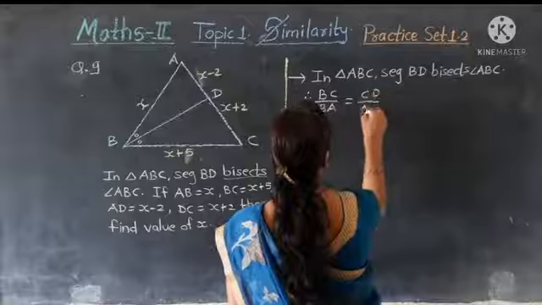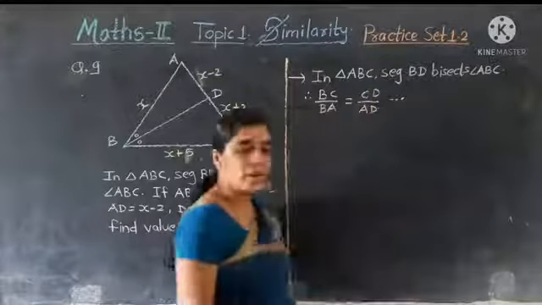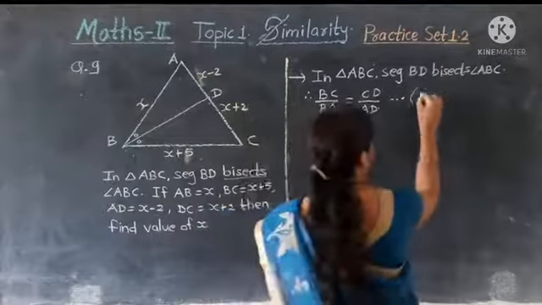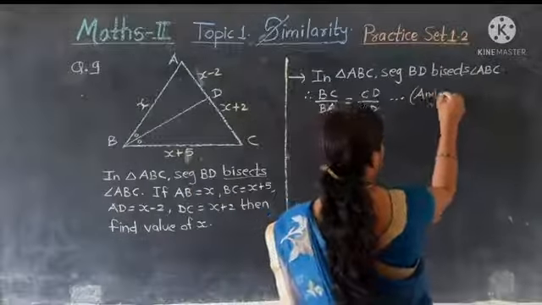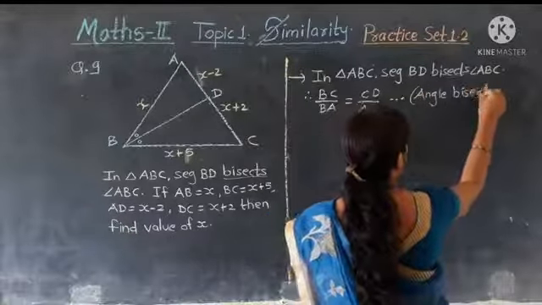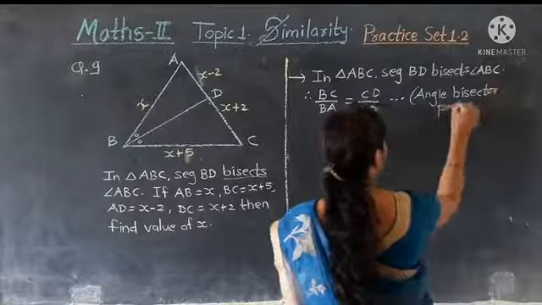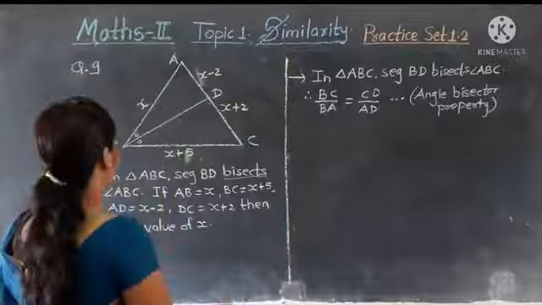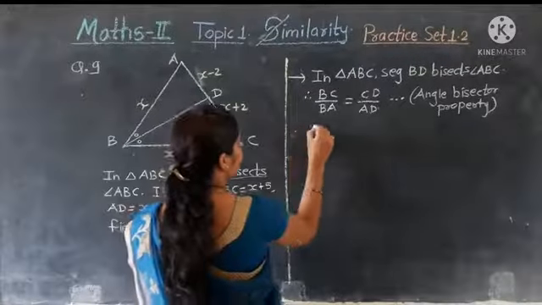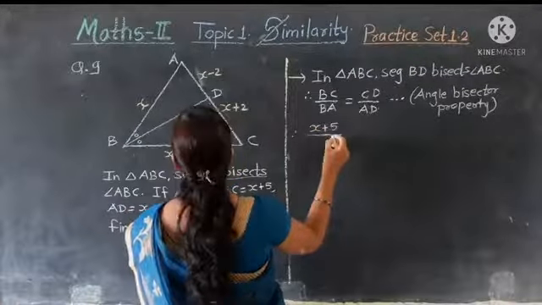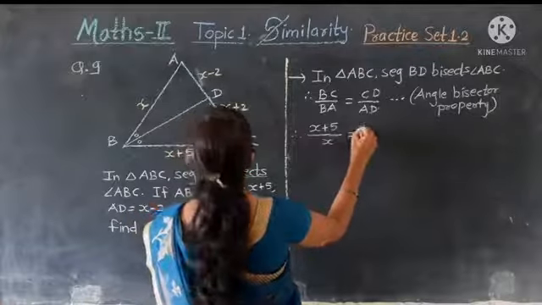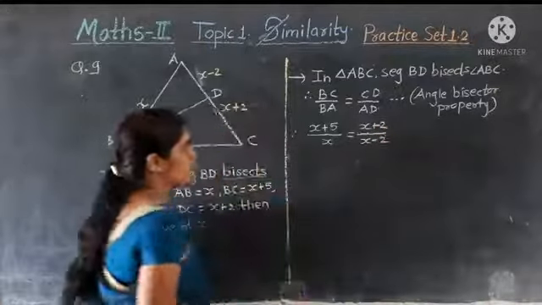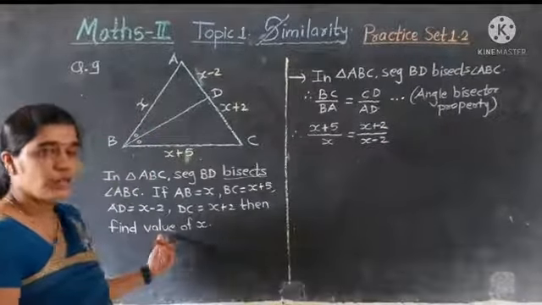Which property had we used here? Angle bisector property. So put the values. What is the value of BC? X plus 5 upon BA x. CD is x plus 2 upon x minus 2. We have to find the value of x.